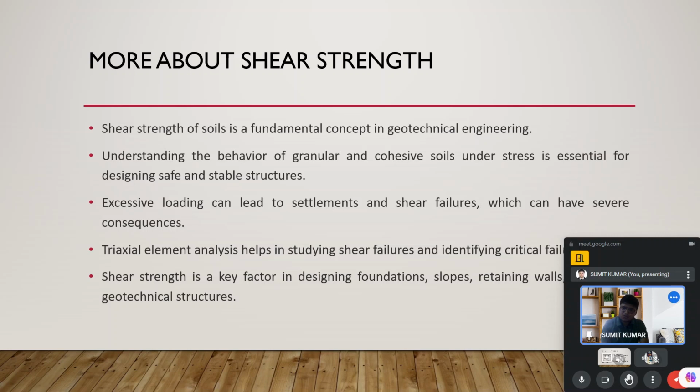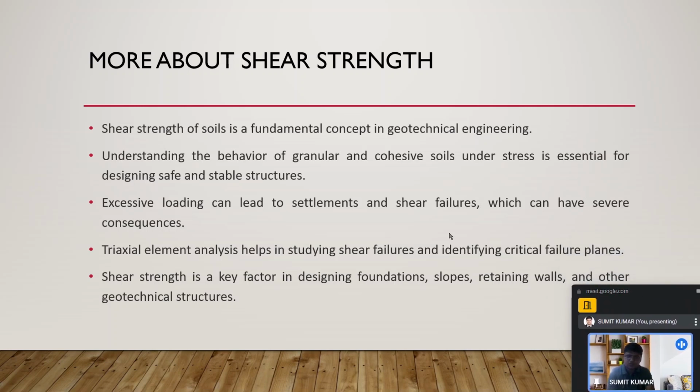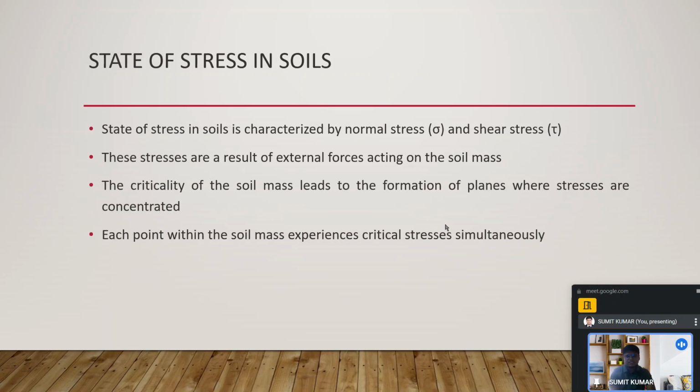So, some more points about shear strength. When we talk about the points we have gone across in shear strength, what are those important points we must understand? First of all, in our first class, we related the principal stresses, major principal stress and minor principal stress.